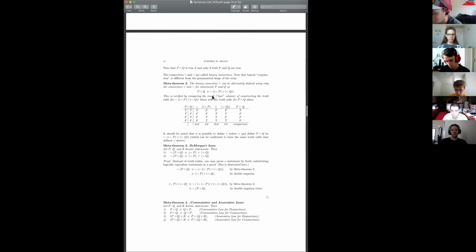But in this case, I have a not also, so this becomes the last thing I do. So I now take all of these things and turn them around. This becomes T, this becomes F, F, F, and this is the truth table for this complicated statement.